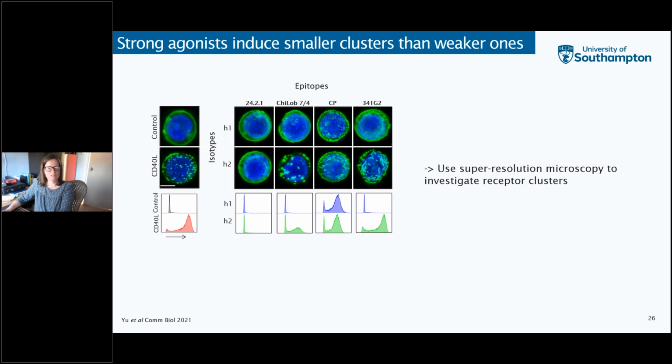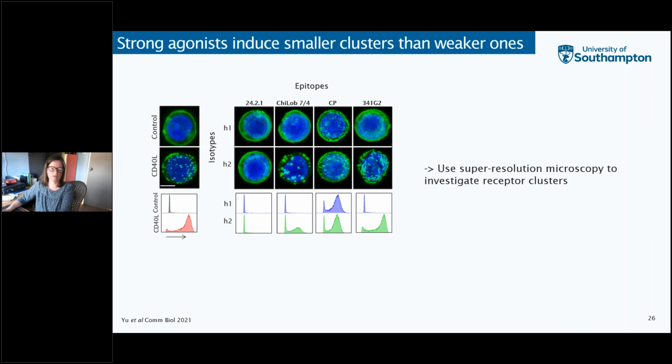So if we go back to this initial figure, we were expecting that the size of the receptor cluster and/or the degree of receptor clustering would positively correlate with agonistic activity, with the strongest agonist displaying the largest and/or most extensive clusters. However, as you can see, this is not the case.